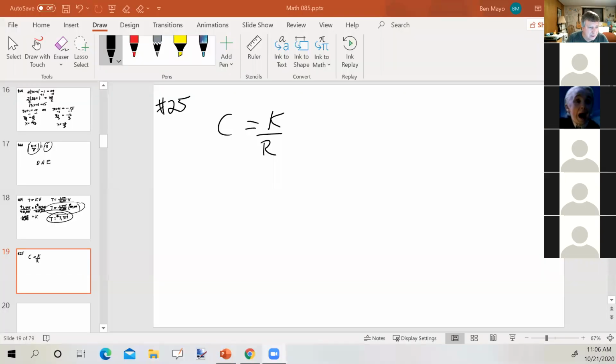The current varies inversely as the resistance. If a certain circuit has a current of 3.5 amps, when the resistance is 110 ohms, that gives me that scenario. I need to solve for K. Now, what would you do to solve for K in this case?